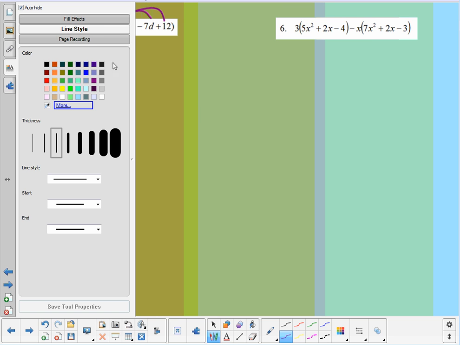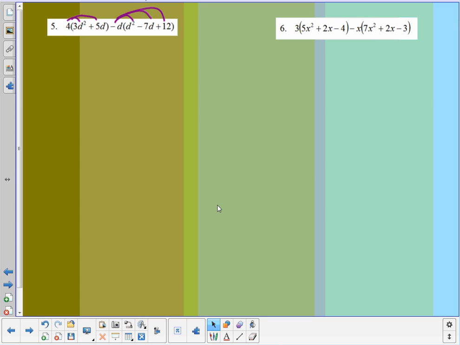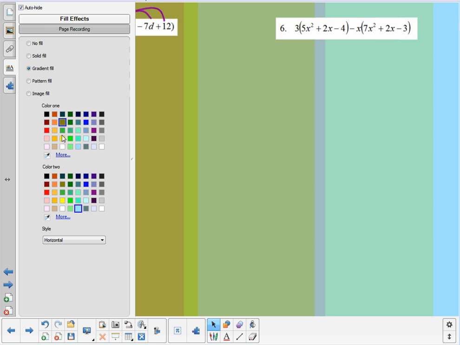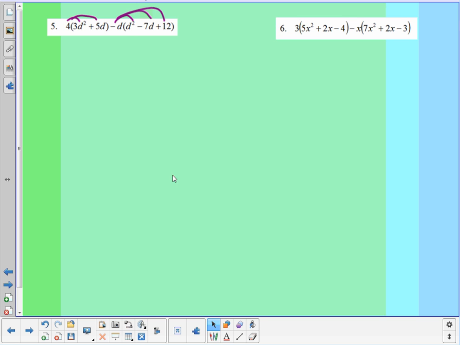I'm going to get rid of this yucky color on the back because I think it's hard to see. That looks a little better. So when I do that, I have 4 times 3d squared, that's 12d squared. Then I have 4 times 5d, that's plus 20d.